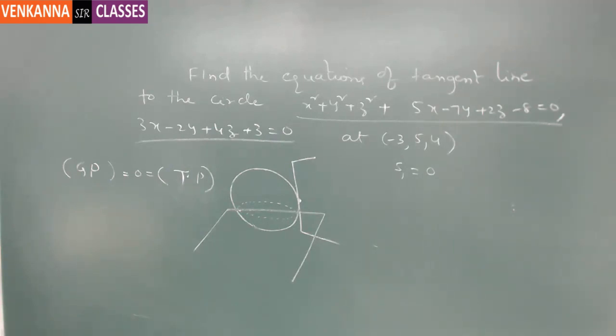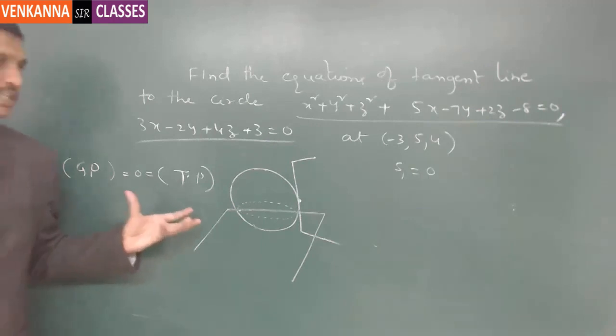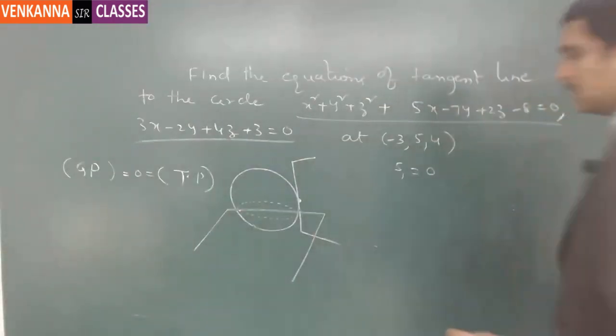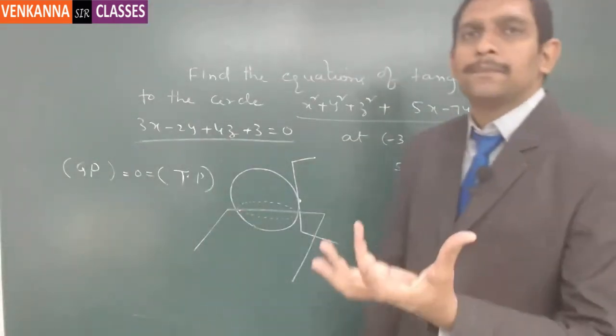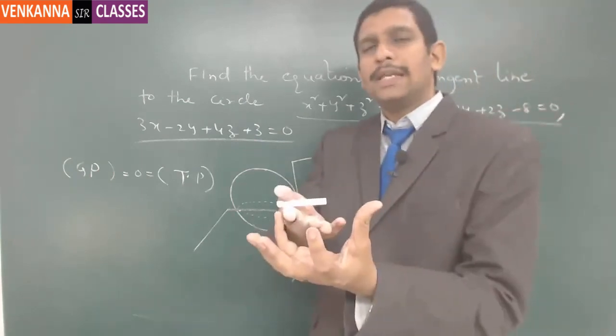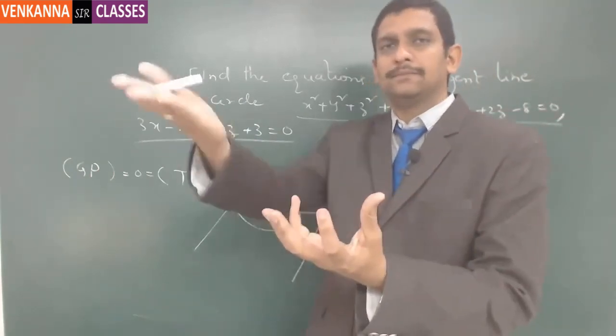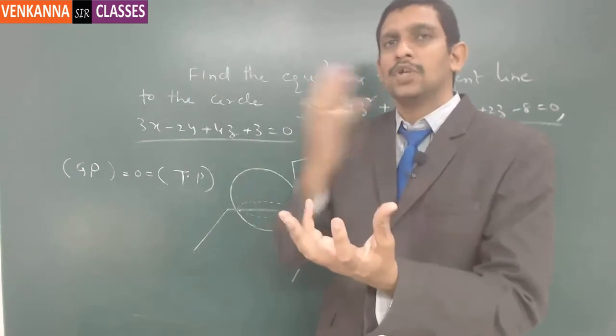For the visualization, just give me a second. I will give a small demo if possible. Give me a moment. It is just like, suppose you have taken a ball and the ball is cut by a plane. So you will get a circle.